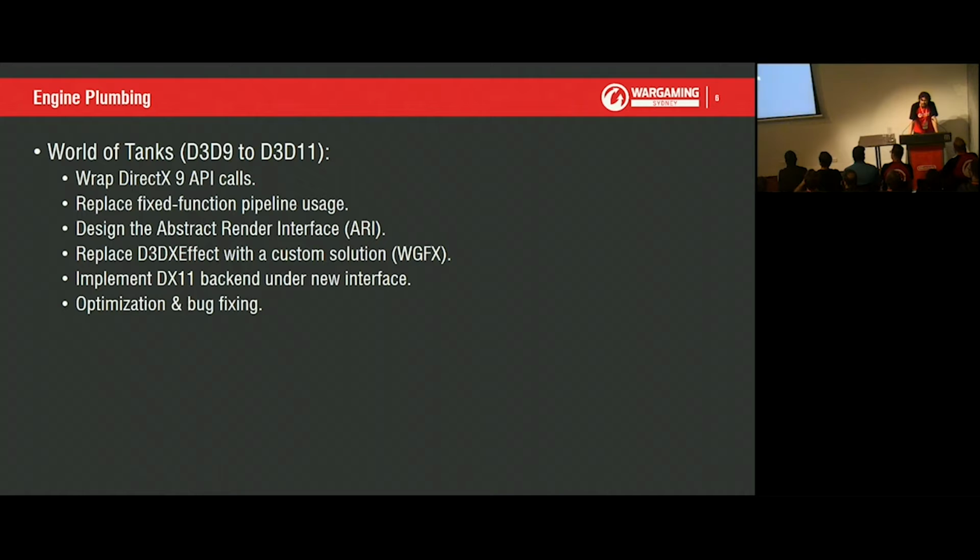Once that's all working and we're not completely broken, everything's wrapped up, we started implementing the DirectX 11 backend underneath that. Then a long trip of optimization and bug fixing.